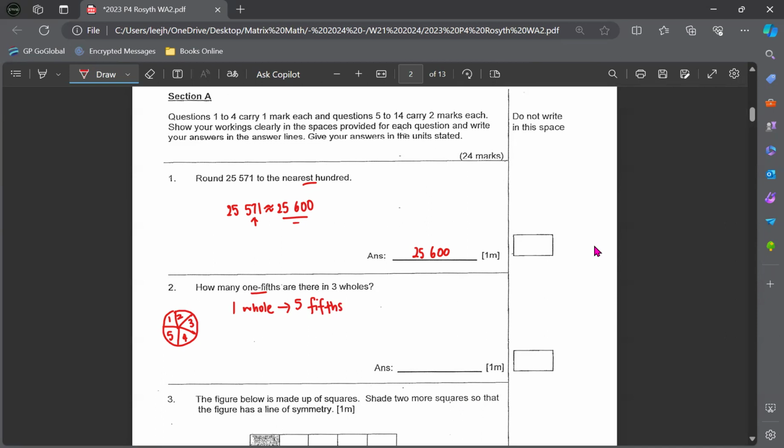But the question wants us to find out for 3 wholes. So that means we have 3 of this. You will have to take 3 times 5. The answer is 15 fifths. Don't write 15 only, you must write the word fifths also, because they ask for how many fifths. So we always write the answer down.